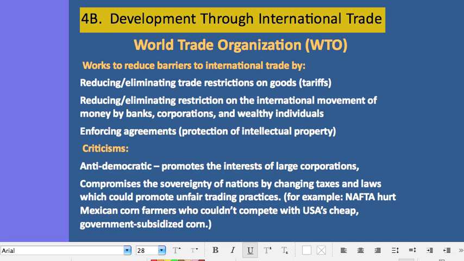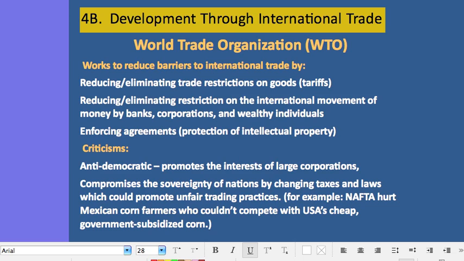A nation is sovereign, meaning they have control over the laws within their own country. And when you have free trade between two or more countries, your ability to make rules and laws within your own country is compromised because you have to cooperate with that other country.